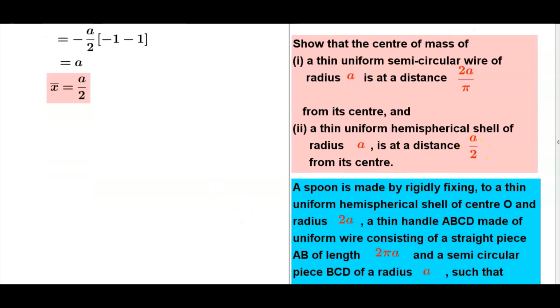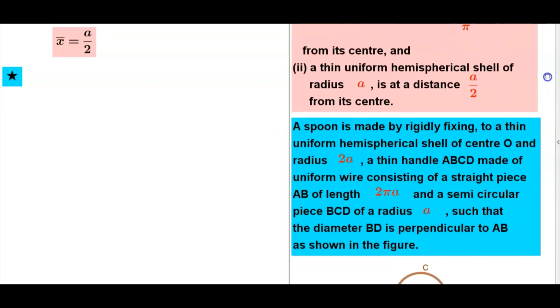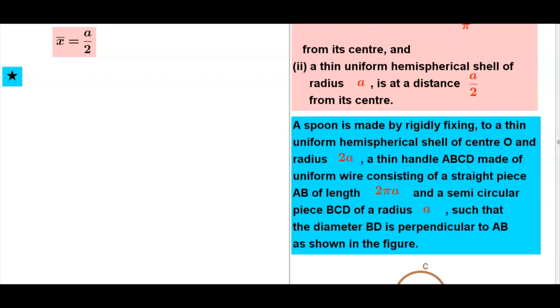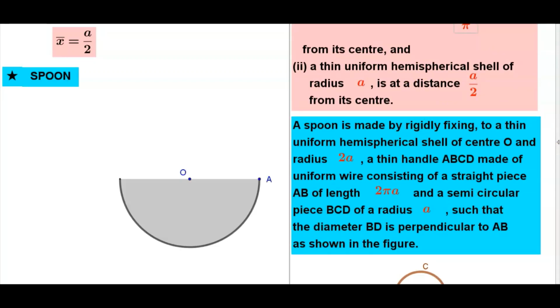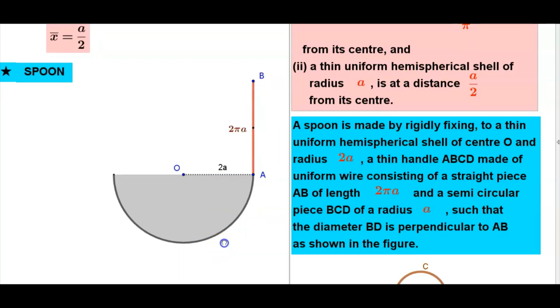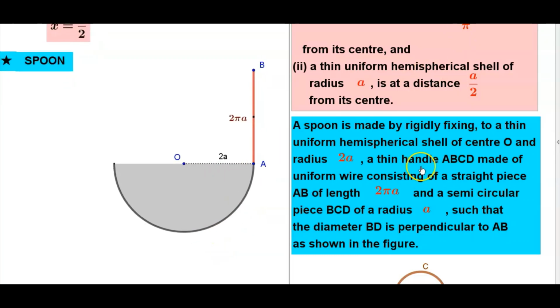Okay, now we come to our problems. The spoon is made of a hemispherical shell of center O and radius 2a, and this is the thin handle.